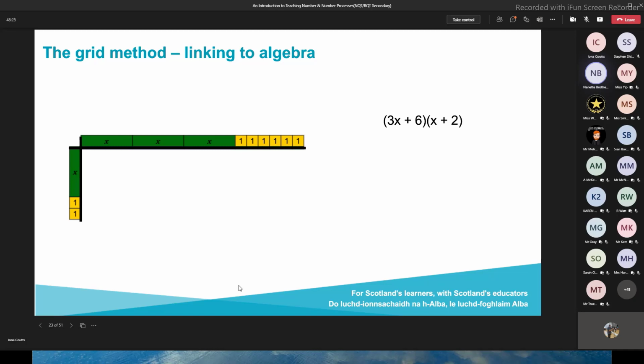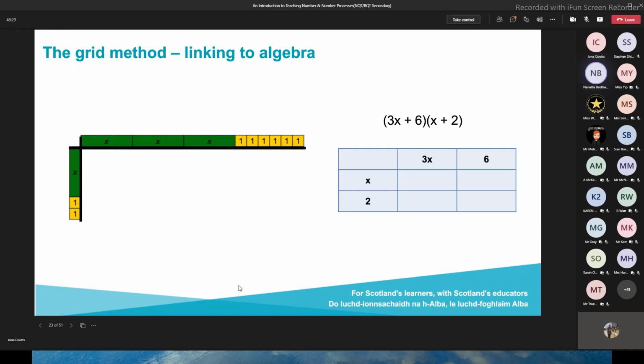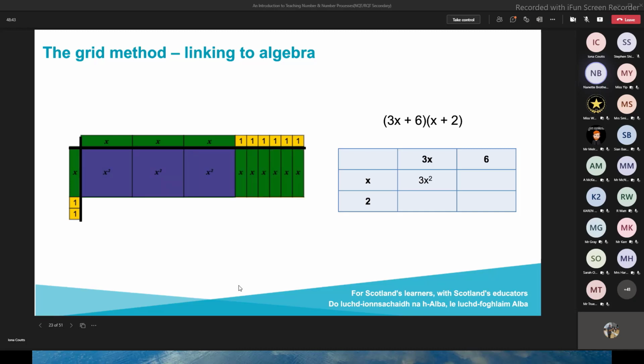The product in this case can be modelled using algebra tiles or digital representations of algebra tiles. So again, we've got the x multiplied by each of the 3 x's gives us our 3x squared. We've got the x multiplied by each of our 1's, gives us a 6x.